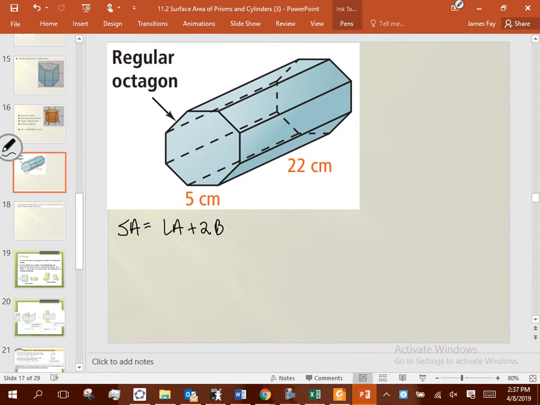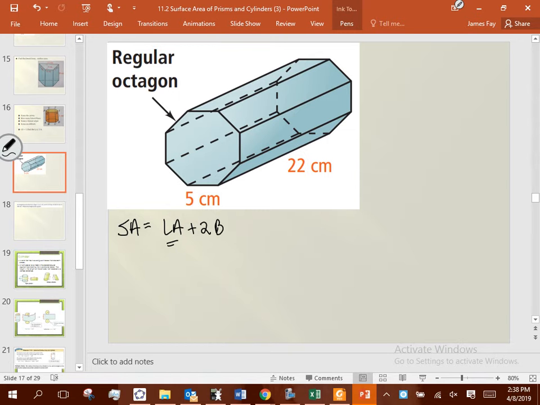Whenever I deal with a prism, lateral area is just a sum of a bunch of rectangles. Sometimes those rectangles will be congruent, sometimes they will not. If it's an octagon, it's 8 rectangles. If it was a decagon, it'd be 10 rectangles. If it's a hexagon, it's 6 rectangles. So that LA changes the amount of rectangles per prism.